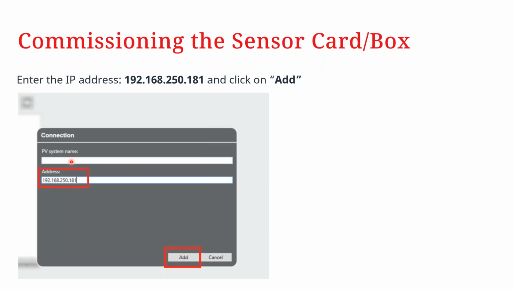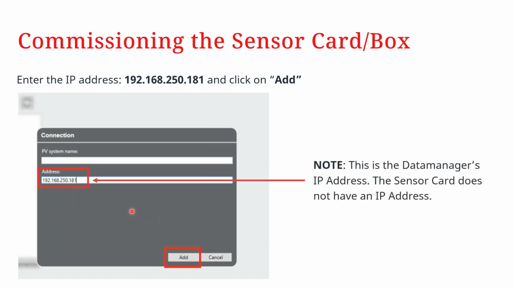Before then, you can of course choose to name the system, probably a familiar code or something related to the site of installation. Once you do that, click on add, and it would now add the system. Please note that this is the data manager's IP address. For your information, the sensor card does not have an IP address.